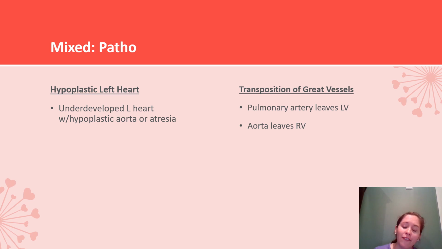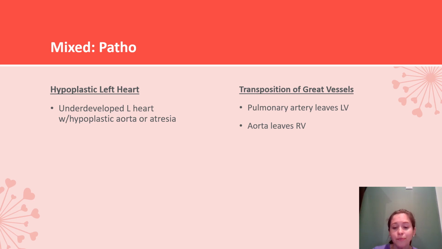With transposition of the great vessels, trans means change, and we usually refer to this as TGV, or transposition of the great vessels. So there's lots of different names. But what happens is, the great vessels are our aorta and our pulmonary artery.